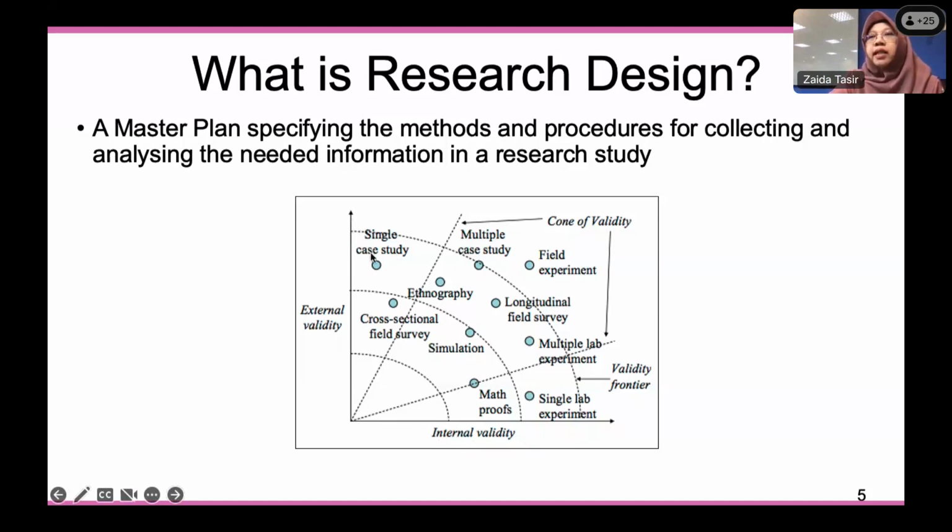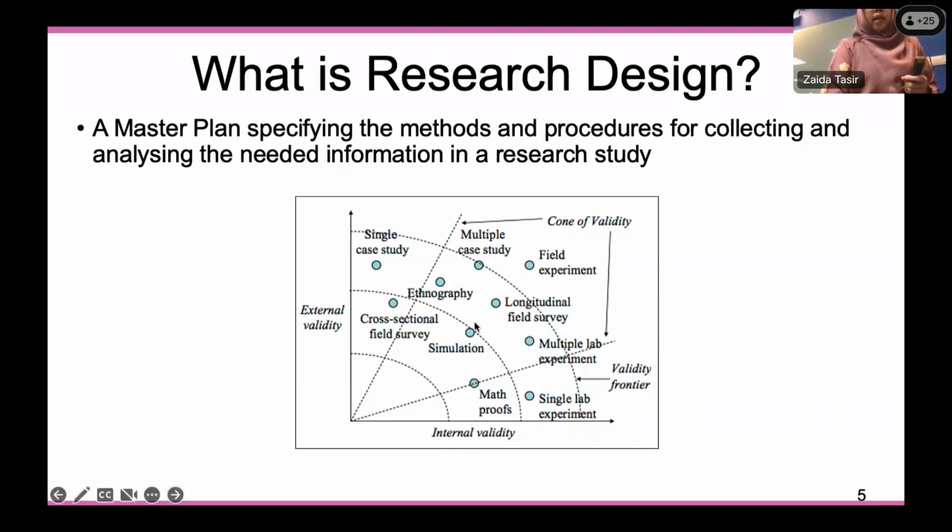You know that internal validity and external validity relate to different perspectives. Internal validity is about the validity of your finding, while external validity is usually about whether you can generalize your finding to other settings.